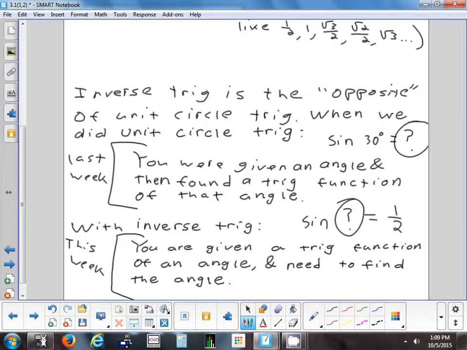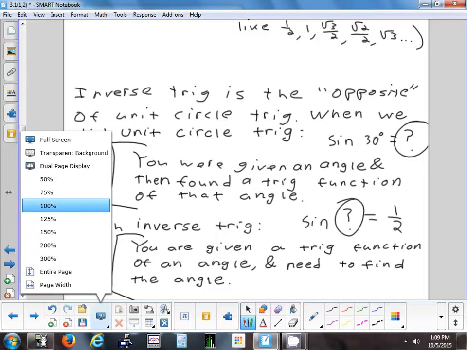I'll show you how we use the chart to find the answer to this. Any question on the difference between what you did last week and this week? Last week I gave you the angle, and you told me what was on the right-hand side. This week, you're going to give me the angle. I'll tell you what goes on the right-hand side. So it's kind of the opposite of what we did last week.